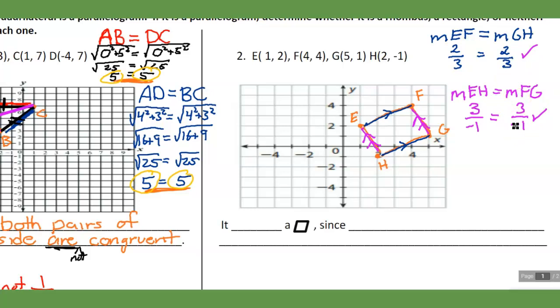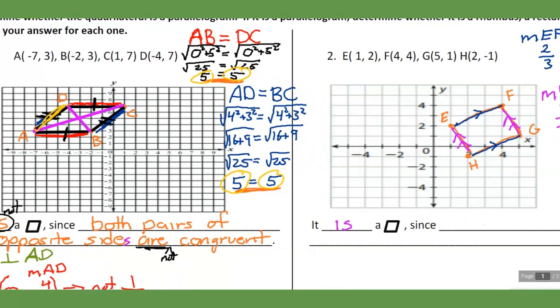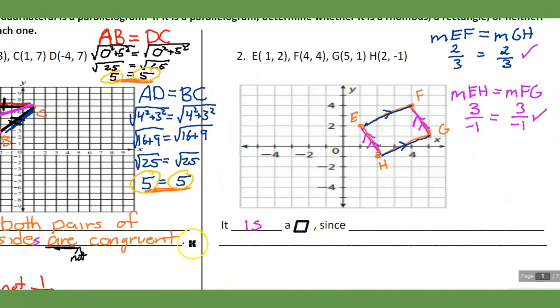Numbers are very concrete. So we're going to say, yes, it is, since, and it's going to be very similar wording. We did over here, both pairs of opposite sides are congruent, but instead of congruent, we showed both sides are parallel. So we just changed that last word to parallel.